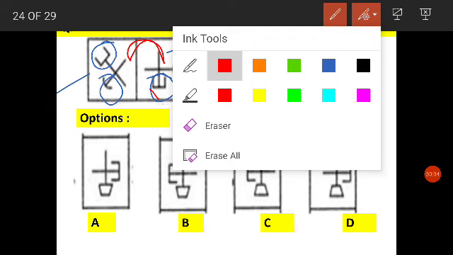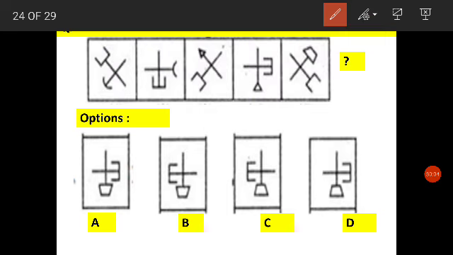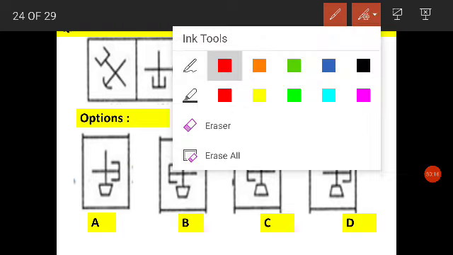Now the next one, you see the same thing. The triangle has come here reversed, and this is also reversed. So that means in the figure which is going to be next, this should reverse and this should also reverse. So let's see in detail.